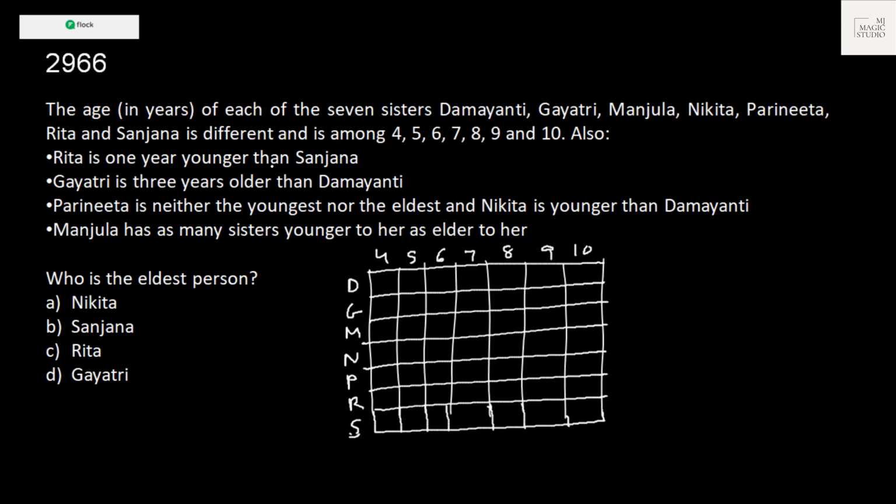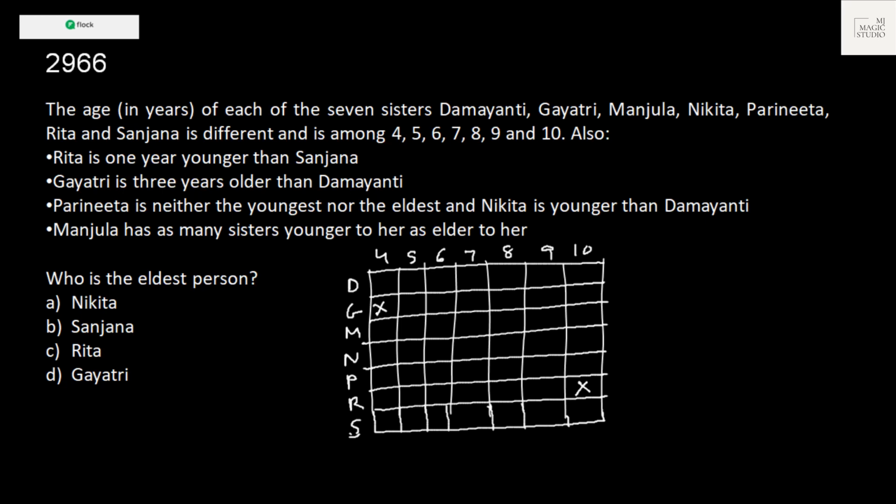Rita is 1 year younger than Sanjana. That means Rita cannot be 10 years of age, then Sanjana would be 11 years, which is not there. Gayatri is 3 years older than Damayanti. So if Damayanti's age is 4, Gayatri's age is 7.